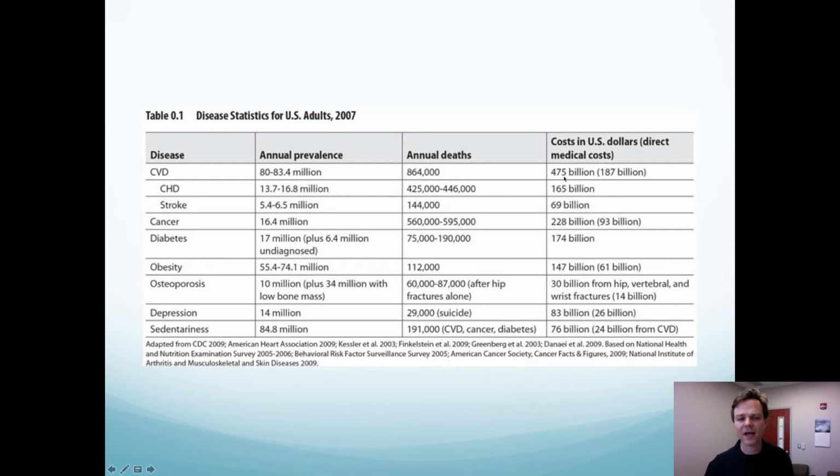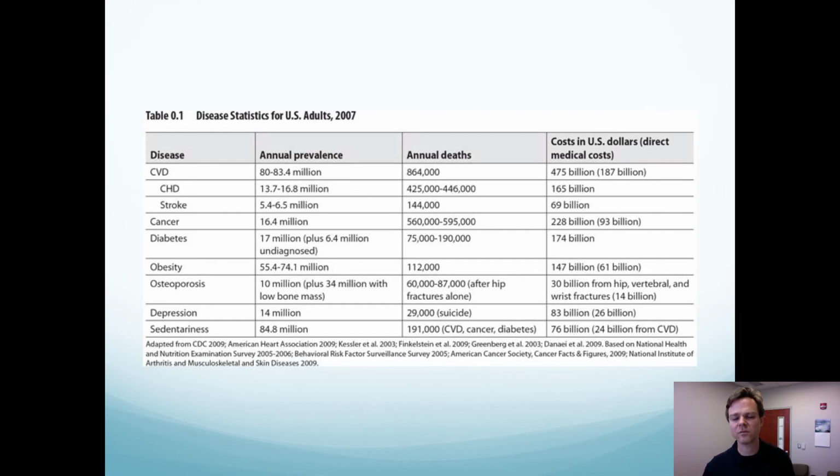I will add for something like this, I don't see it, might be in the textbook, but sometimes the way they list these things, they list it for direct healthcare costs and then indirect healthcare costs. So the direct or direct and indirect costs. The direct costs would be going to the hospital, going to a doctor's office, taking medicine, things like that.